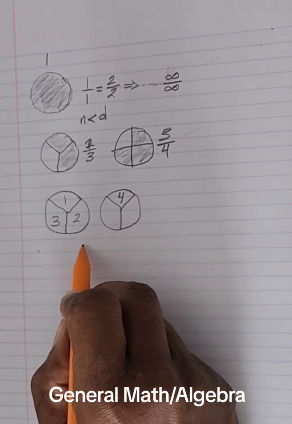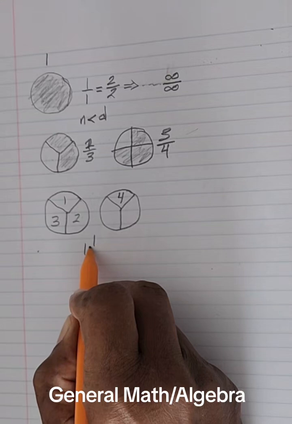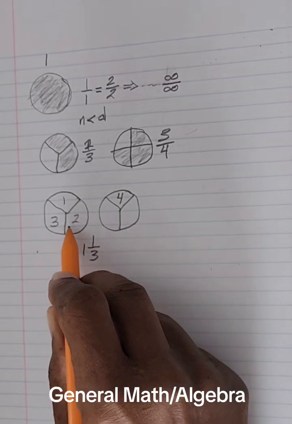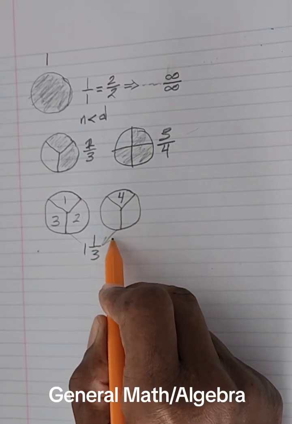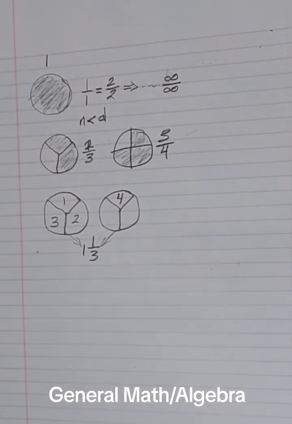So we have 1 and 1/3. We have a mixed number. We haven't talked about that.